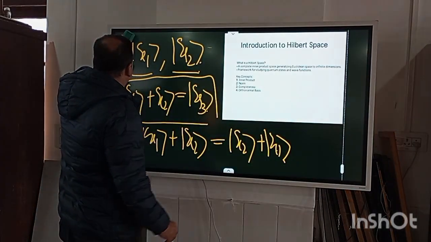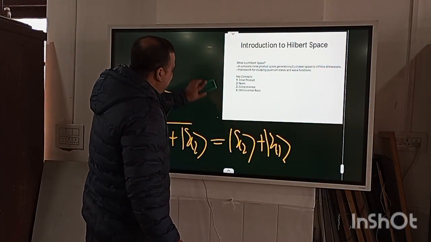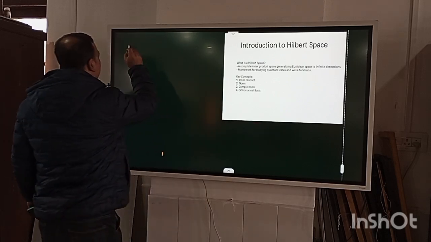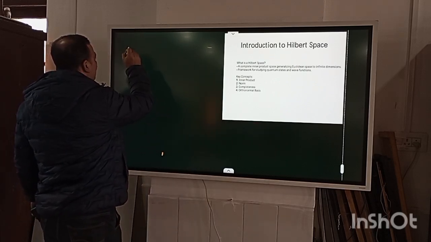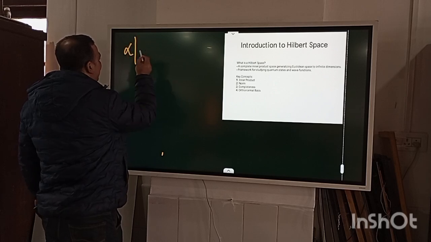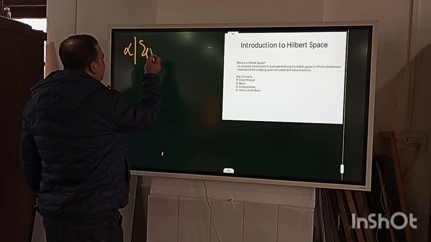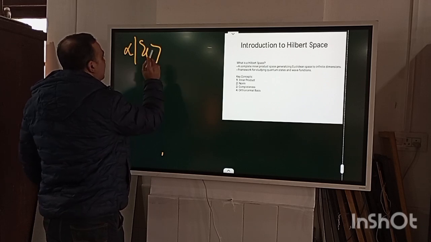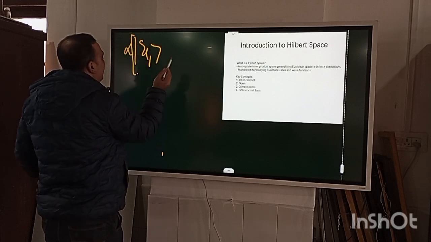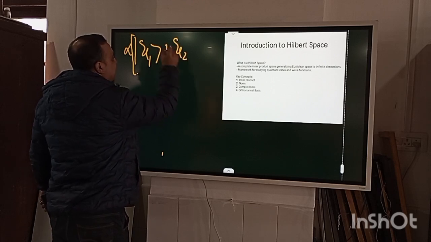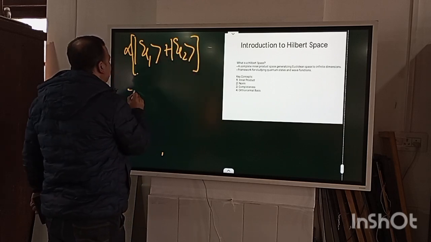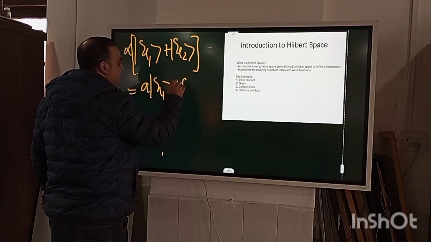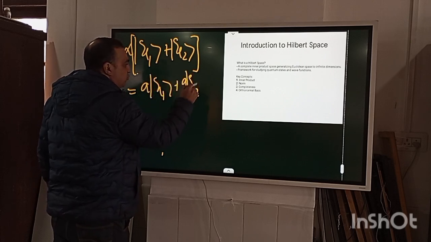How can we demonstrate that with these state vectors? Let's assume I have a number alpha, and I multiply this number to the state vector, say zeta 1 plus zeta 2, and this should be equal to alpha zeta 1 plus alpha zeta 2.